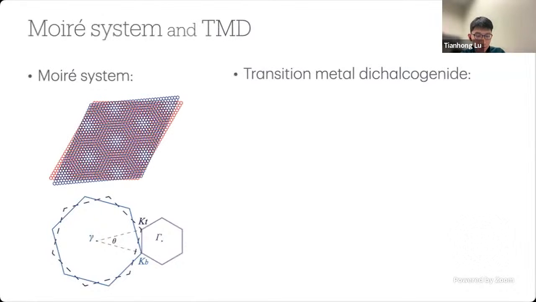So a moiré lattice is created by overlapping multiple layers of lattices with a small twist. In the experiments, the system is twisted bilayer MoTe2, which means we have 2 layers of MoTe2. As you can see in the figure, I'm overlapping 2 honeycomb lattices, and the resulting moiré unit cell is much larger than that of the individual layer.